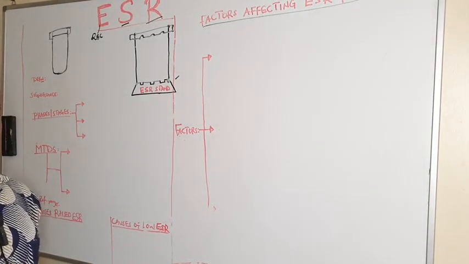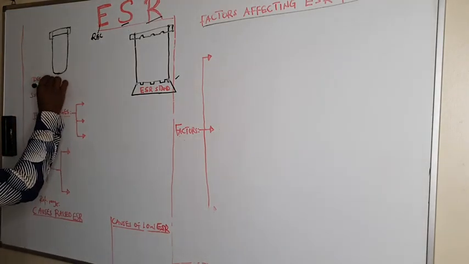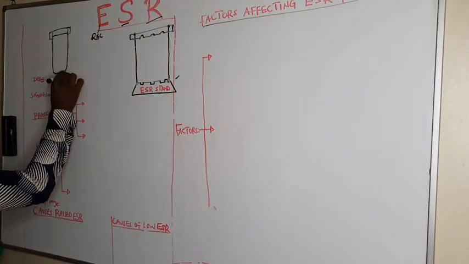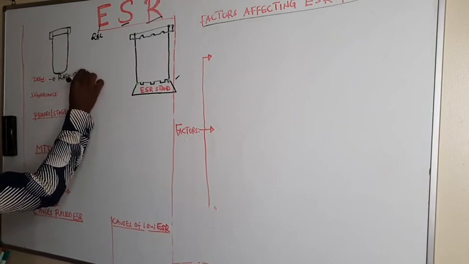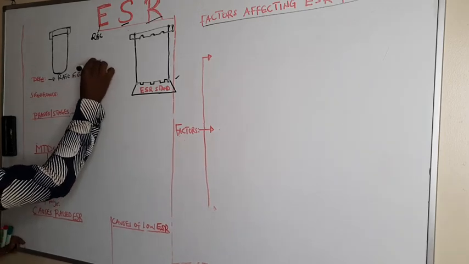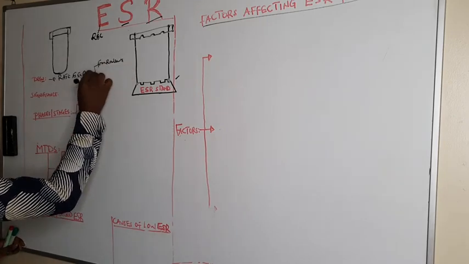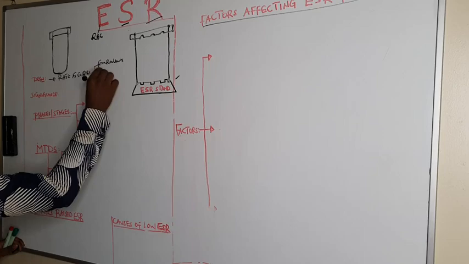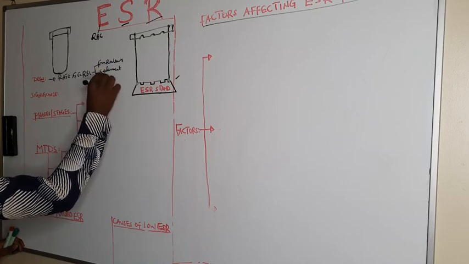So we are going to define ESR as the rate. By definition, it is the rate at which RBCs form rouleaux, then sediment and pack.